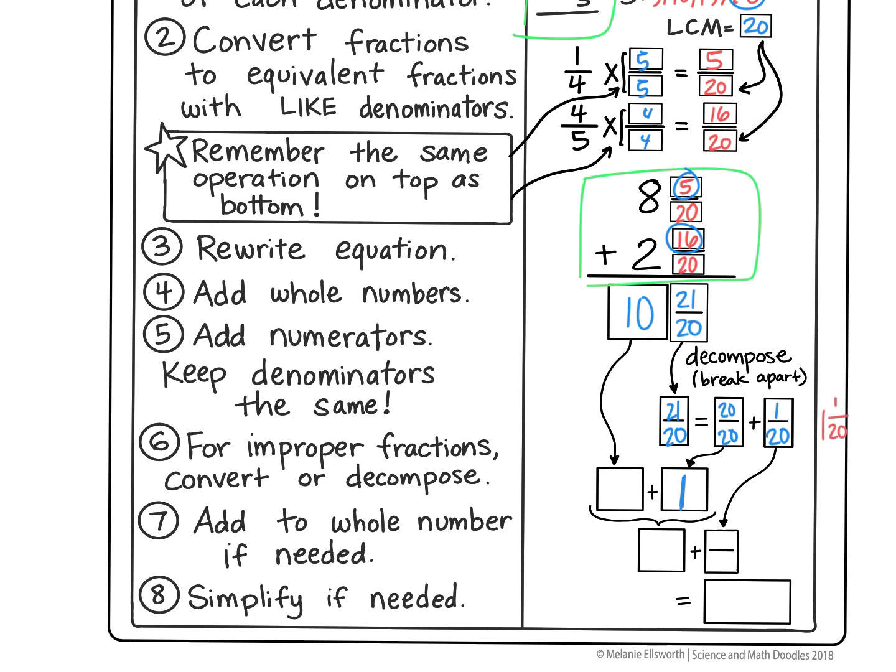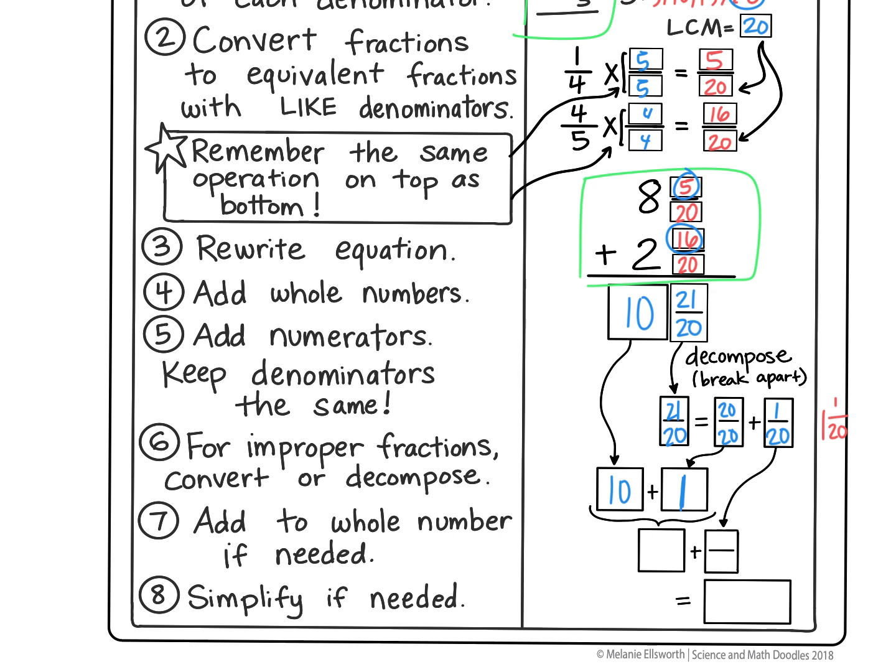When I say decompose, I am splitting it apart. I'm pulling out the one whole. Why do you think I would pull out the one whole? And why do you think there's a little squiggle line here? Because you have to take the 10 and not the 1. Yeah, I've got to take my 10 and I got to add it to the one whole that I pulled out of my mixed number, that improper fraction piece.